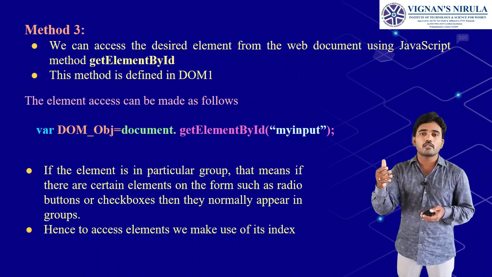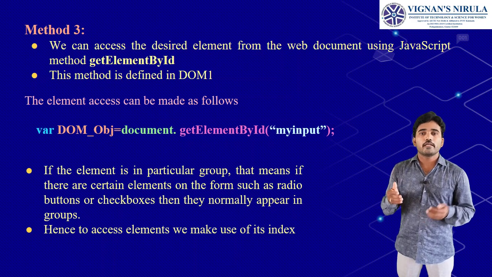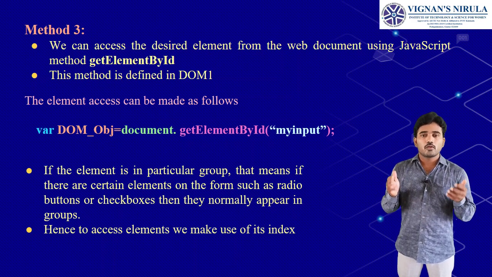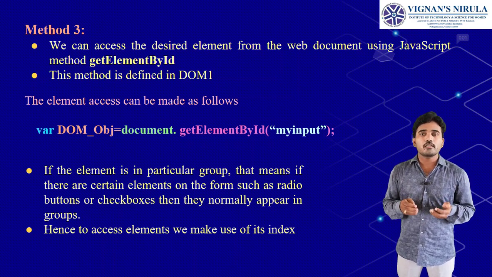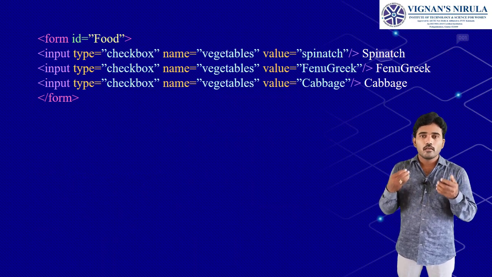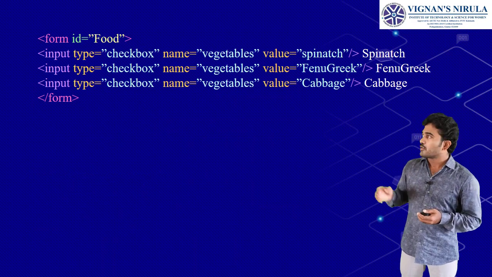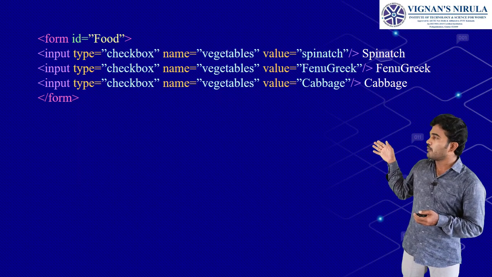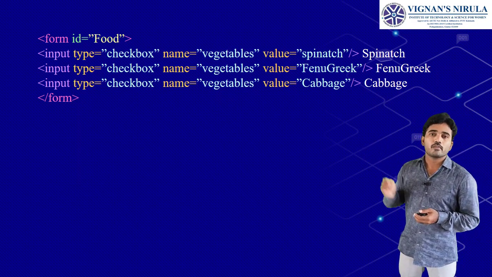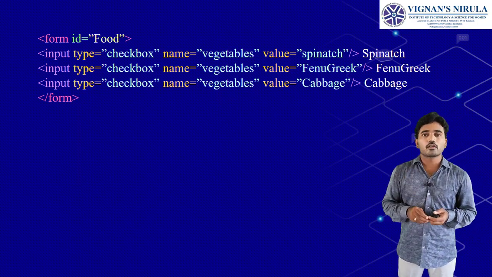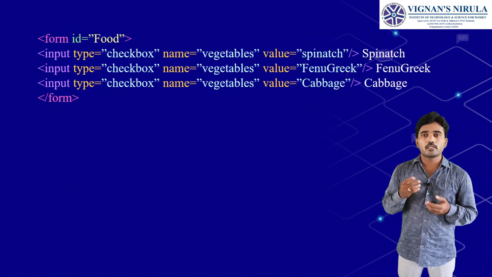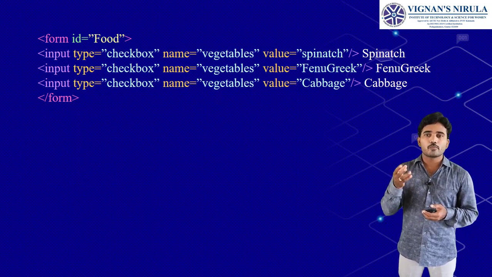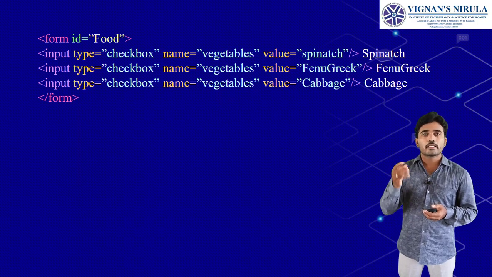If the elements are in a particular group, that means if there are certain elements on the form such as radio buttons or checkboxes, then they normally appear in groups. So to access the elements we make use of their index. Here I have used a form whose ID is food, with 3 checkboxes whose names are all vegetables, and whose values are spinach, fenugreek and cabbage.